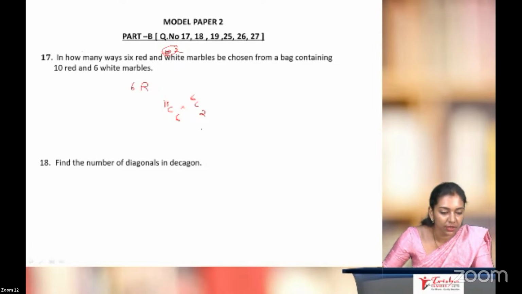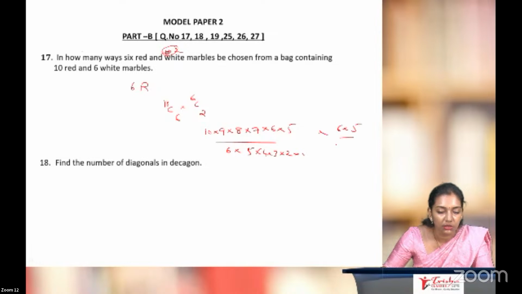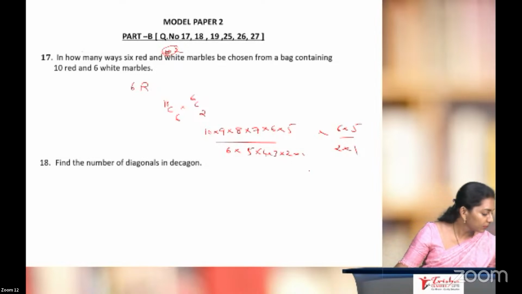So to simplify, I hope you know the shortcut method. 10 into 6 numbers you write: 9 into 8 into 7 into 6 into 5, 6 numbers divided by 6 into 5 into 4 into 3 into 2 into 1, into 6 into 2 numbers you write, divided by 2 into 1. Simplify this.